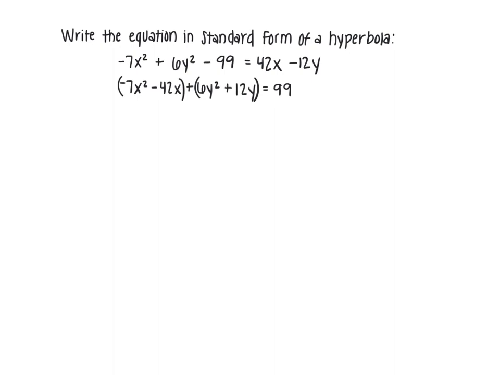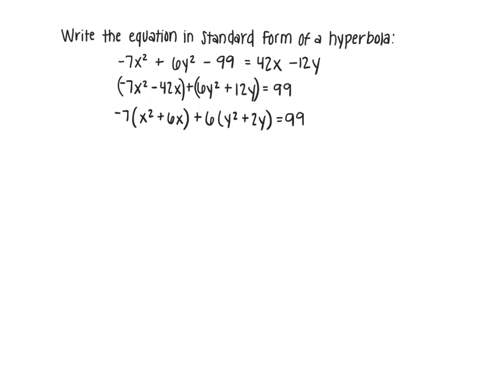So if I factor out -7 here, I'm left with x squared plus 6x. And if I factor out 6 here, I'm left with y squared plus 2y. And then I'm just going to finish copying down what we had on the right-hand side of the equal sign.